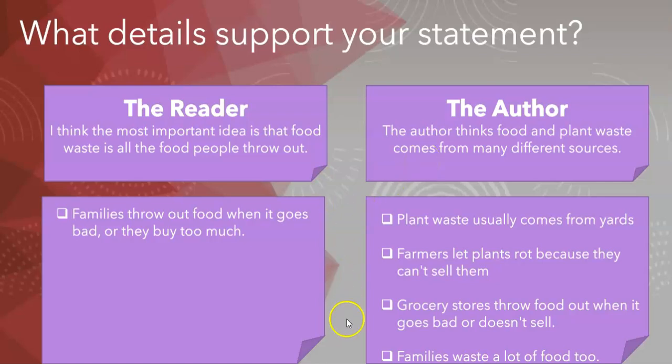Okay, so ding, ding, ding. The one with the most supporting details is the winner. This is the most important idea of the section, that food and plant waste comes from many different sources. Right? So now when I go to summarize, I'm going to use this idea in addition to some examples and some of the tricks and details that we learned about in our previous lesson.